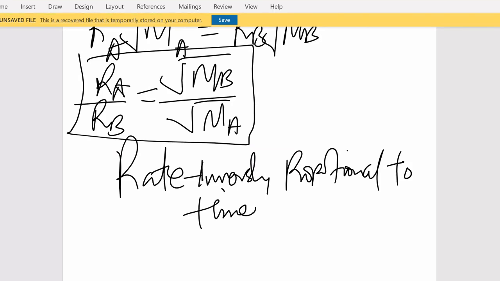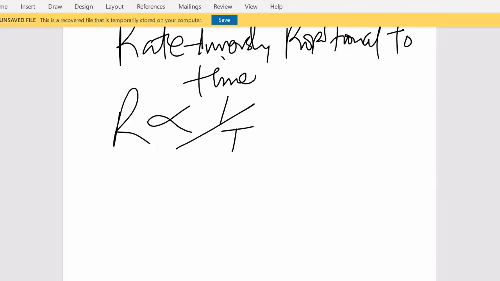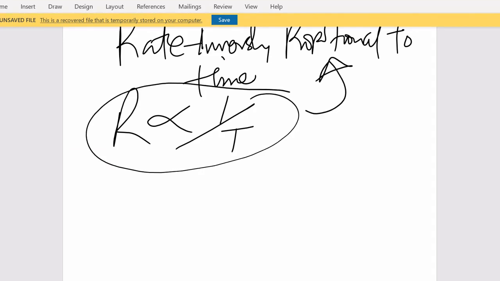And if it is inversely proportional to time, we can say R is inversely proportional to T. This is the mathematical expression of this now. Rate being inversely proportional to time. So if we introduce equal sign and constant, we'll have R is equal to C over T.